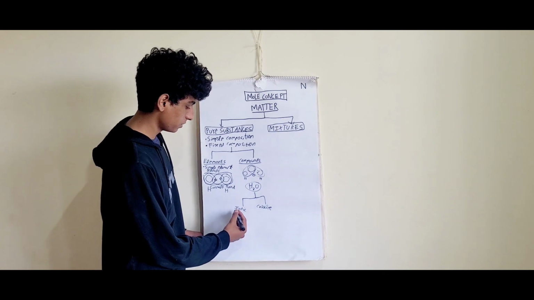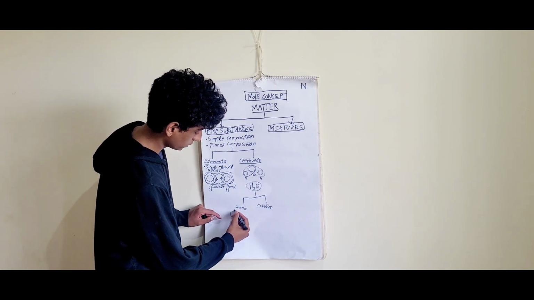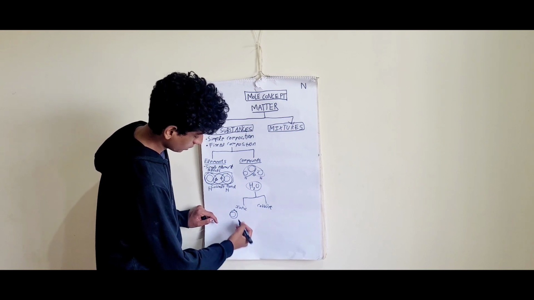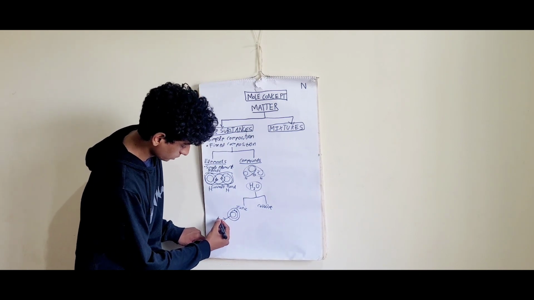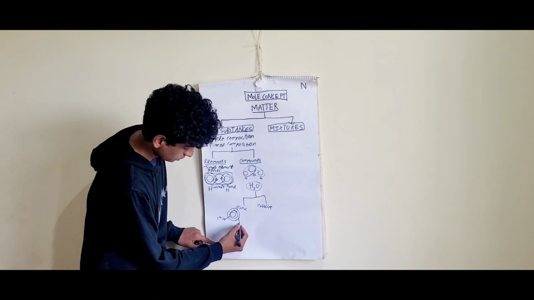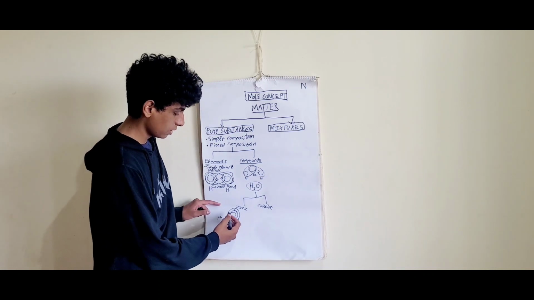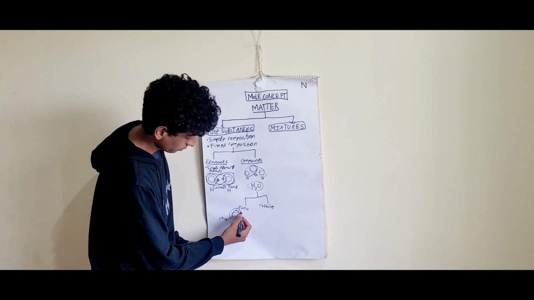Ionic bond is basically when this atom, like this, and then the second shell. I'm drawing this as the first shell, okay? This is the first shell and this is the second shell. As you all know, to fill the first shell you only require 2 electrons, but to fill the second shell you require 8.